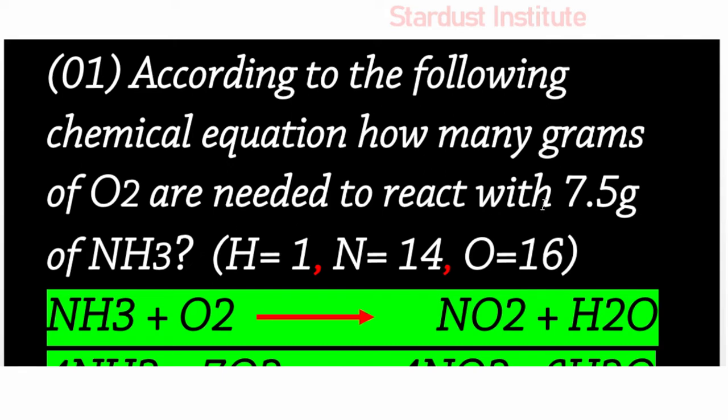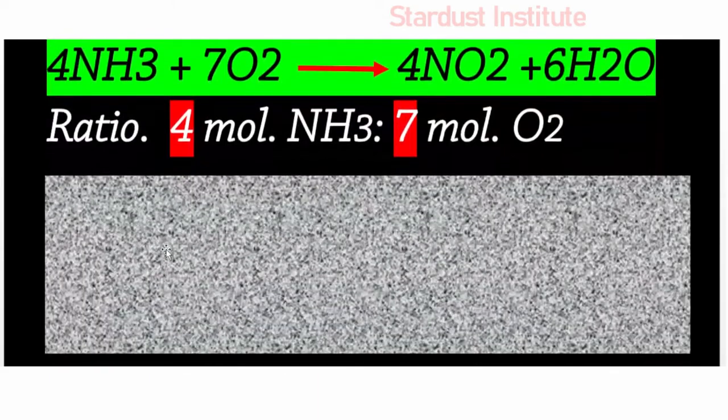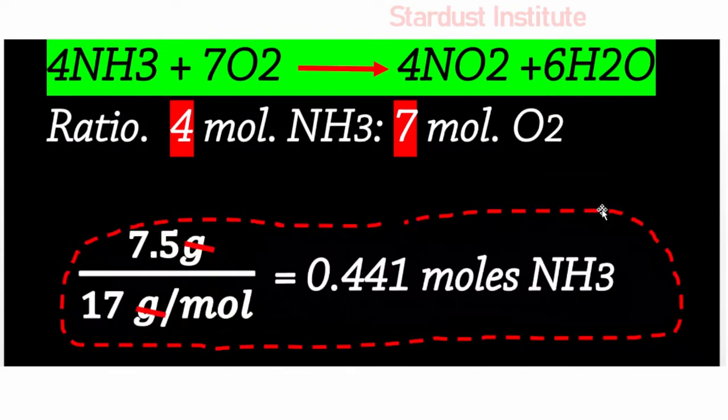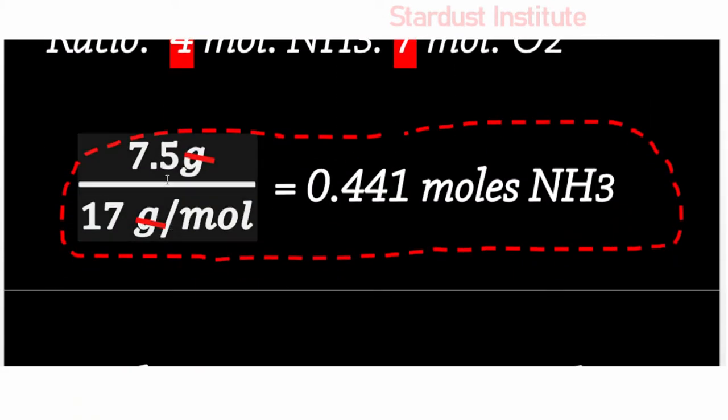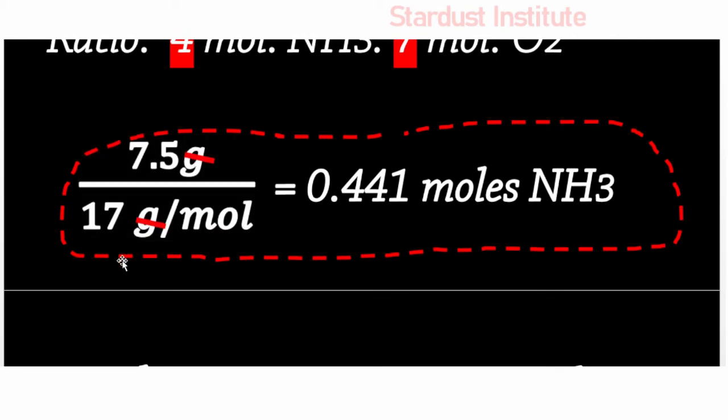First of all, we need to convert this 7.5 grams of ammonia to moles of ammonia. We can do that by dividing 7.5 grams of ammonia by molar mass of ammonia, 17 gram per mole.